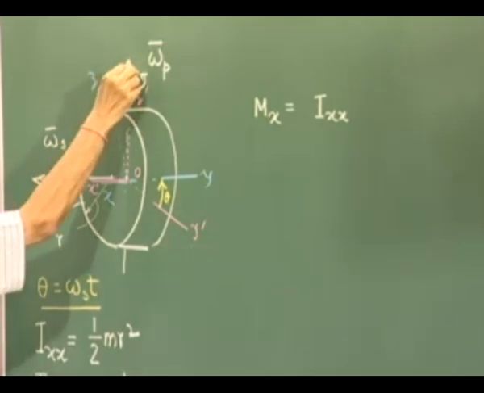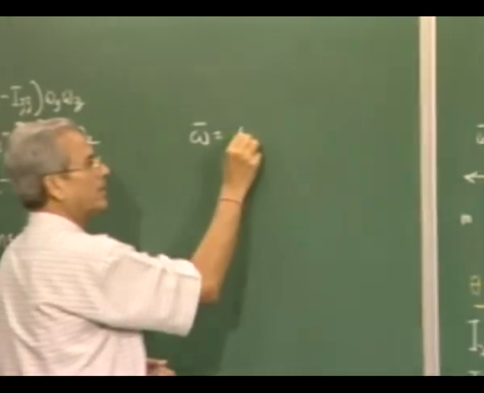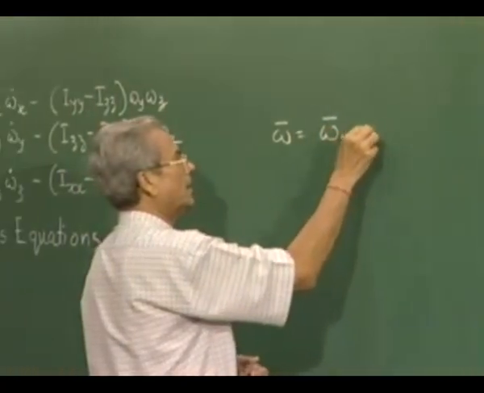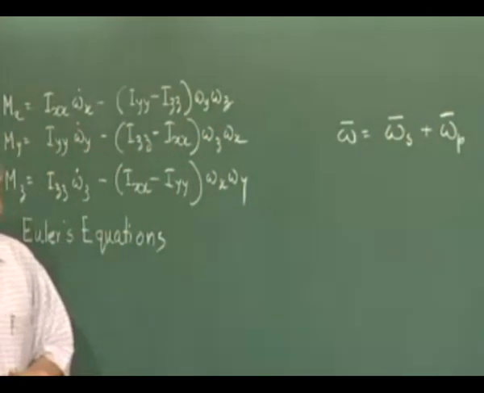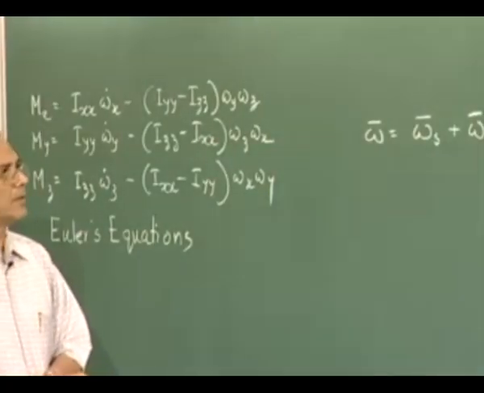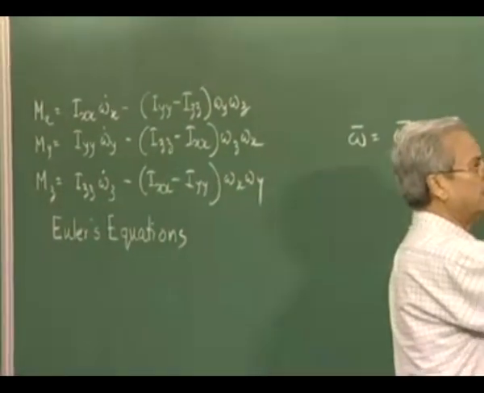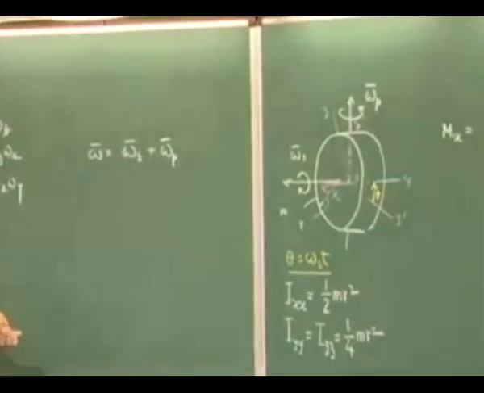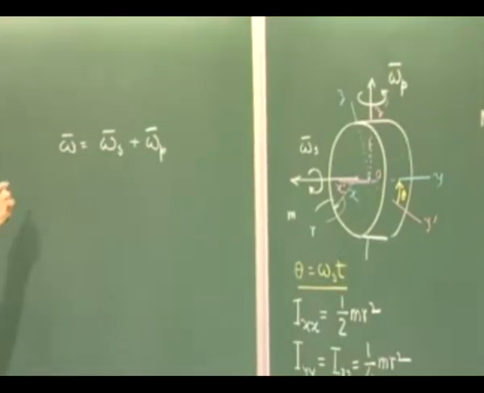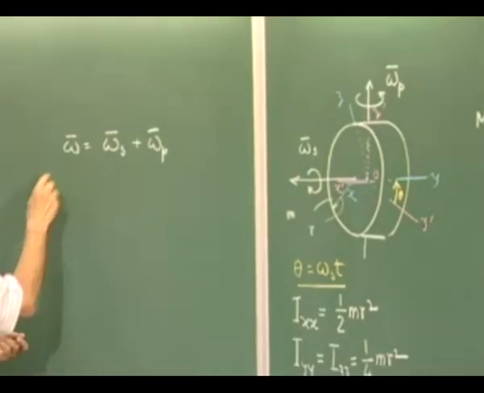So the resultant angular velocity of the body is nothing but the vector addition of these. If we now consider i, j and k to be unit vectors along the x, y, z axes, then we can directly find out the components.